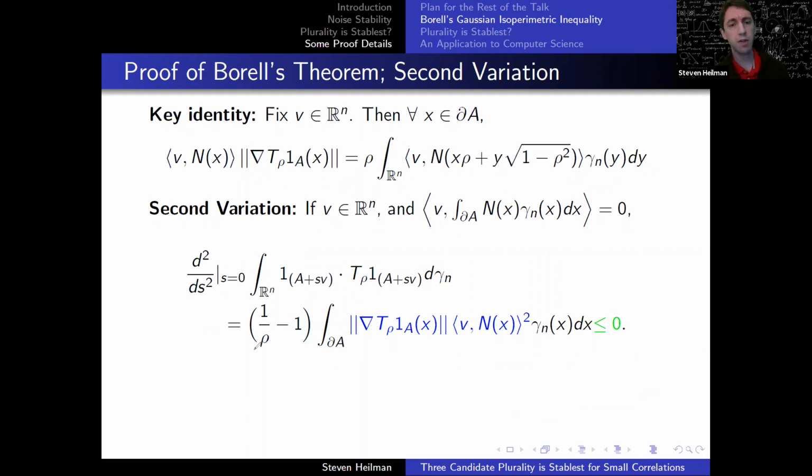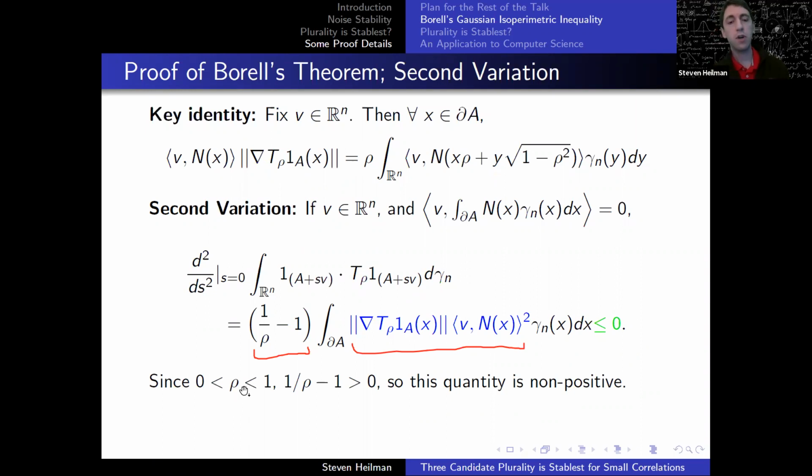So when we combine them, we're going to end up with this quantity that's left over times something that looks non-negative. But remember, this rho is between 0 and 1. So this 1 over rho minus 1, that's going to be positive.